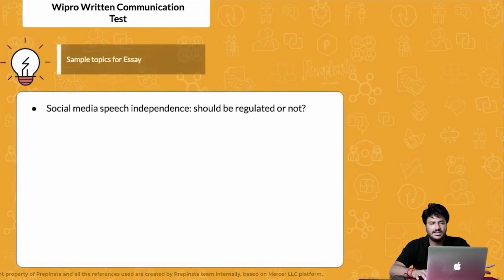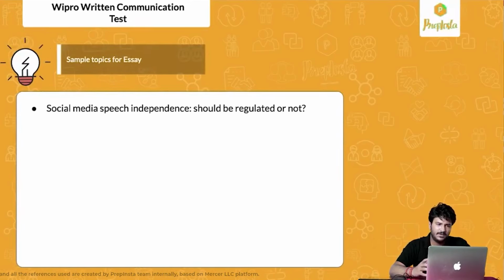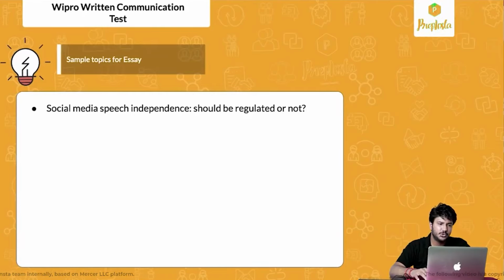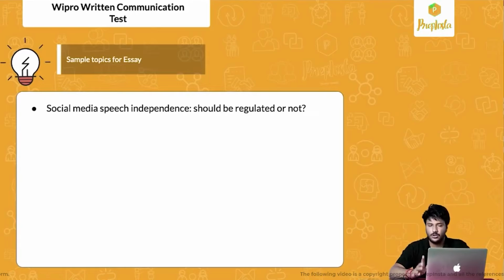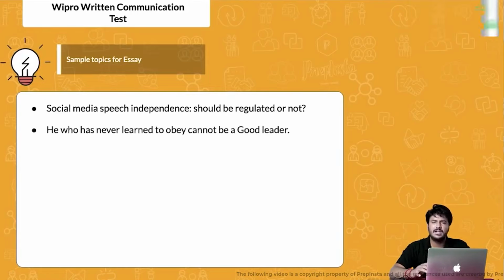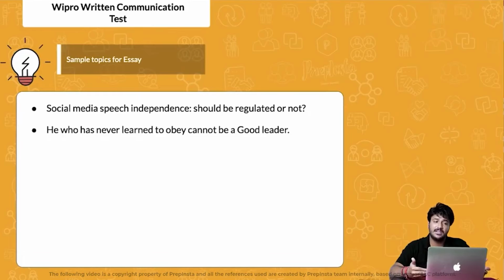Okay, so what are the sample topics for Wipro? One of the sample topics that was asked last week was: social media, speech independence, should it be regulated or not? This was the first one. And we have a Telegram group wherein students had shared all of these. So these are actual essays in the written communication test of Wipro, and they may be repeated for you as well.